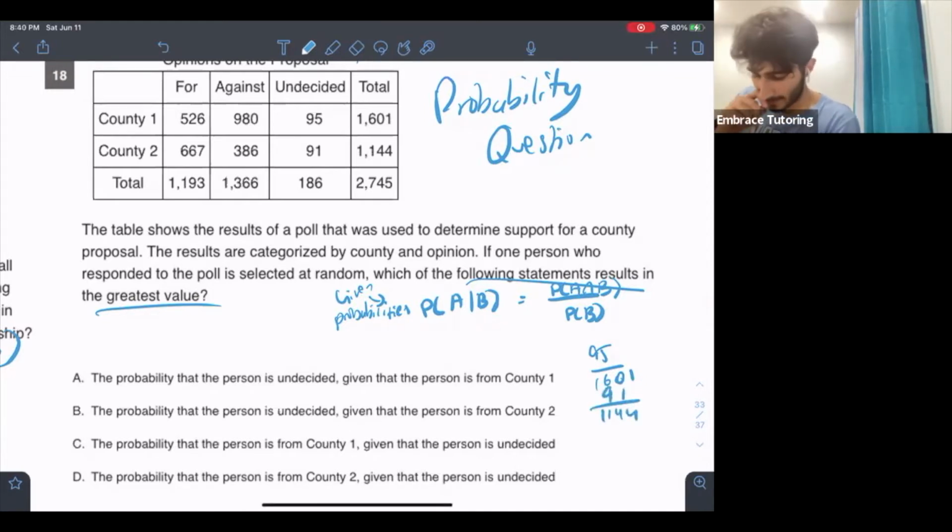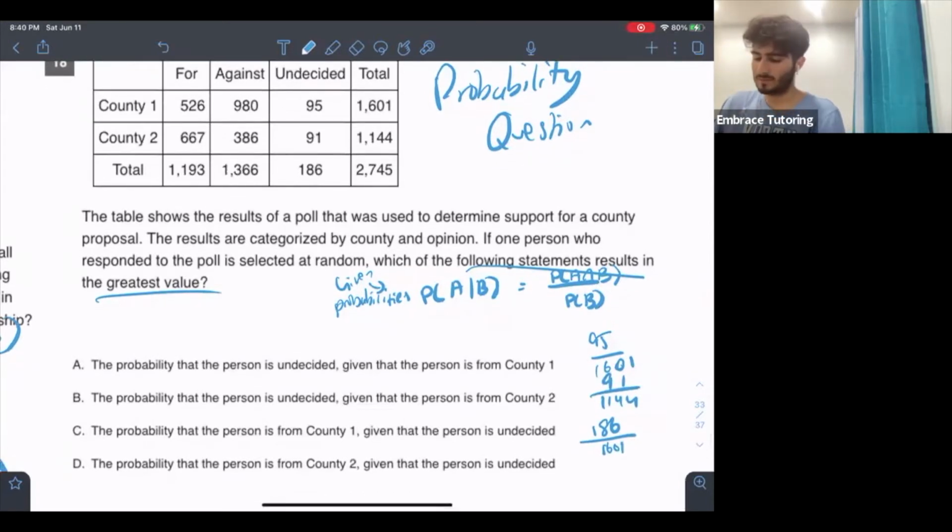Okay, now you have, given that the person is undecided, 186. And now you have from county 1, 1601. And you probably get the person is from county 2 and the person undecided.